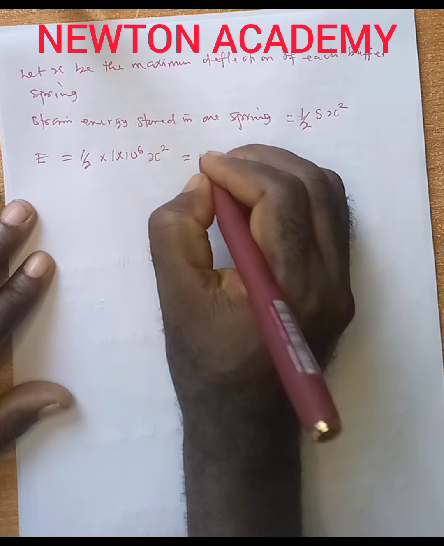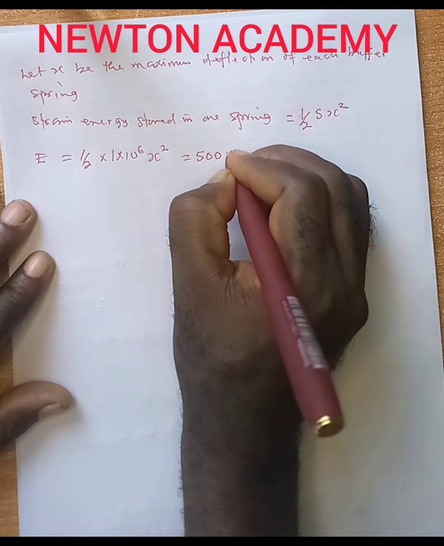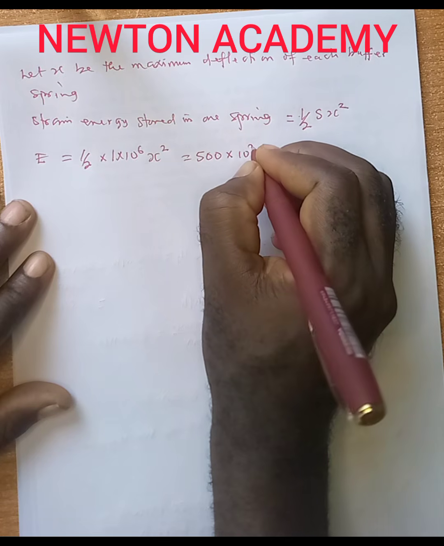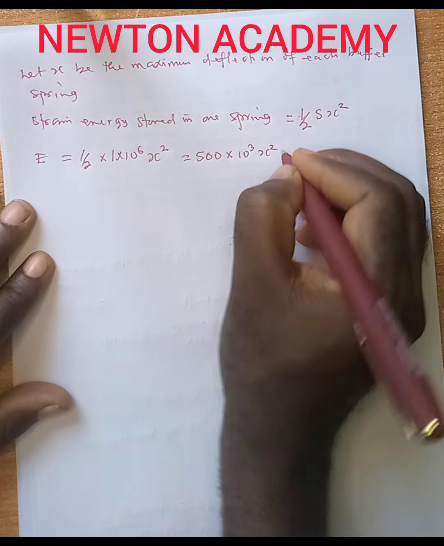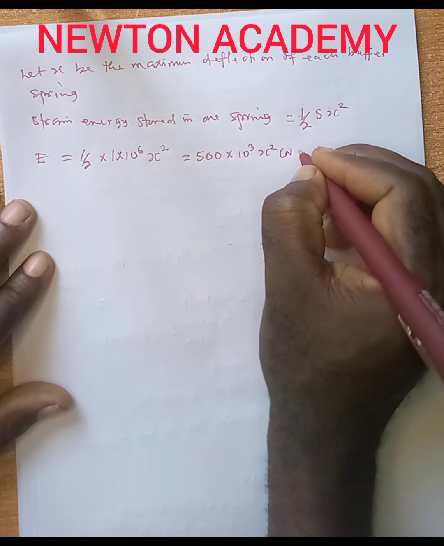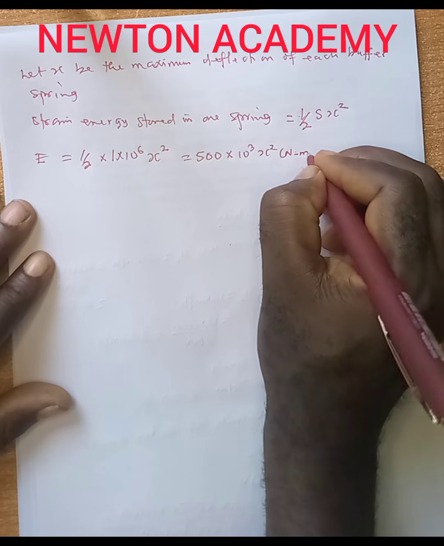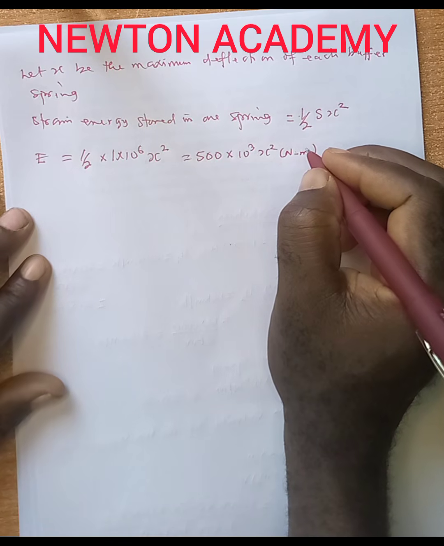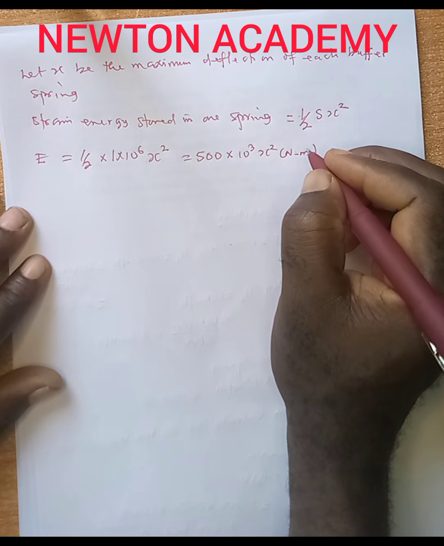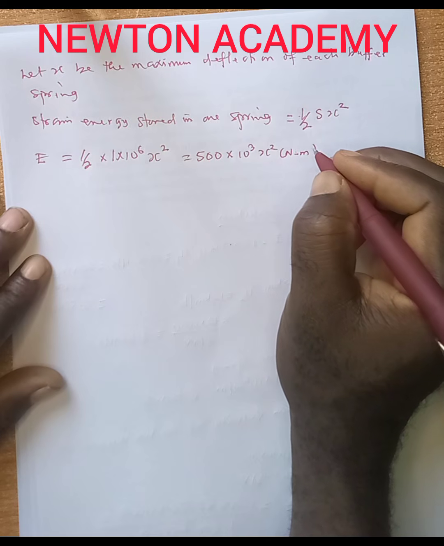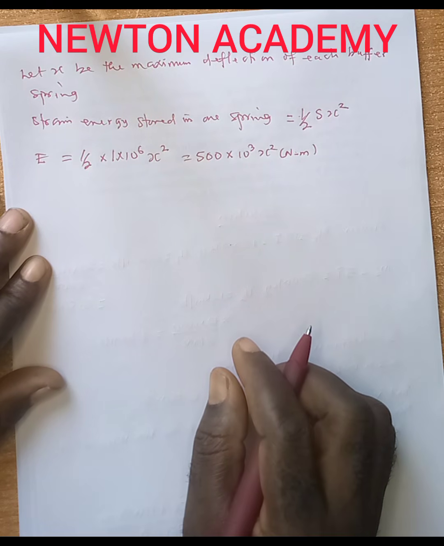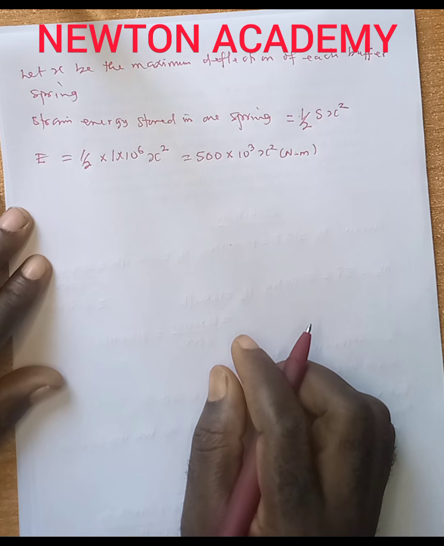And this gives 500 times 10 raised to the power 3 x squared, measured in Newton meter. Then, since each wagon has 2 buffer springs, we have a total of 4 buffer springs.